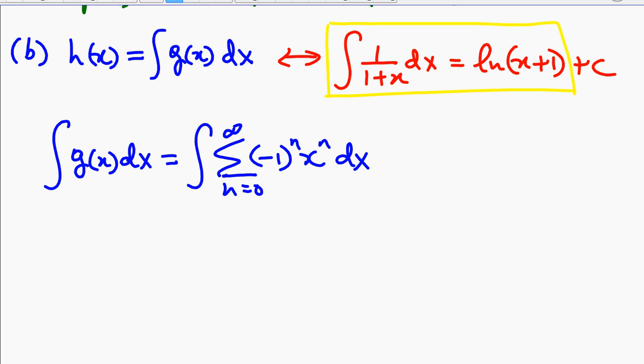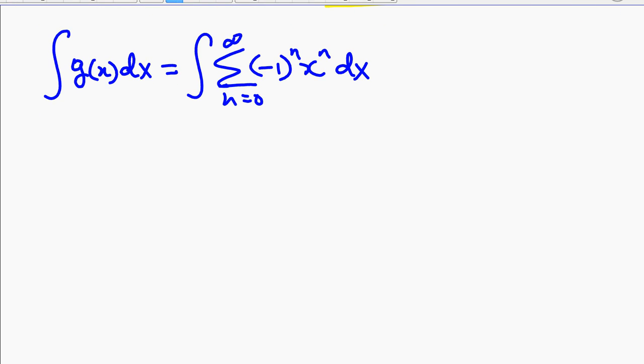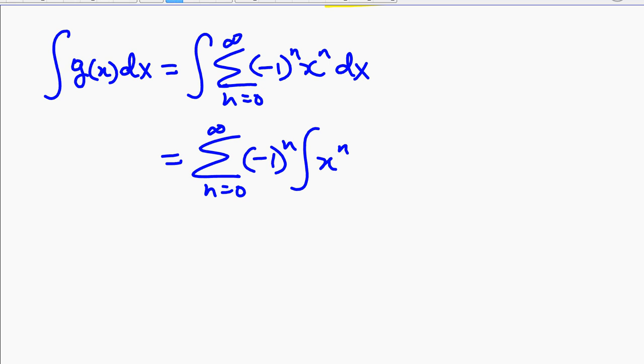Okay, so what we can do now is move the integral sign inside the summation sign. That will be equal to the sum from n equals 0 to infinity of the integral. Before I plug in the integral, I'm going to take out negative 1 to the power n, and then I'll have the integral of x to the power n dx.